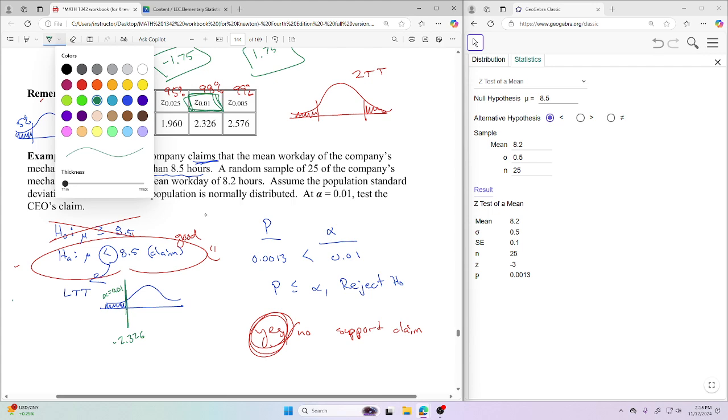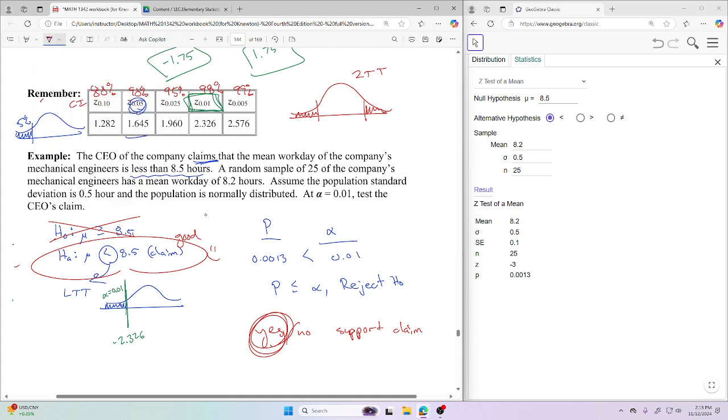What was the z-score that I got? Negative 3.00, however weird that is. Definitely dark and scary. So yeah, reject H naught. Rejection region, reject. And then we just proceed and do the rest of the stuff.